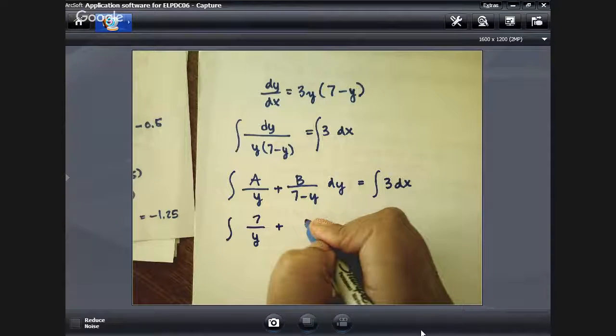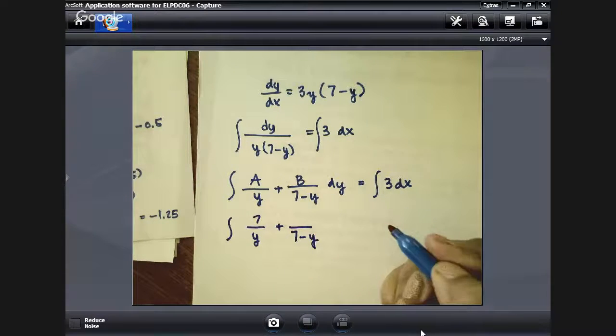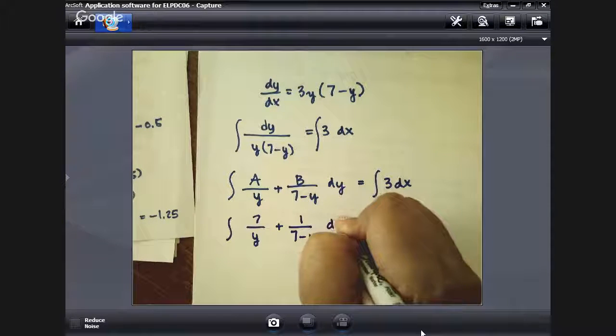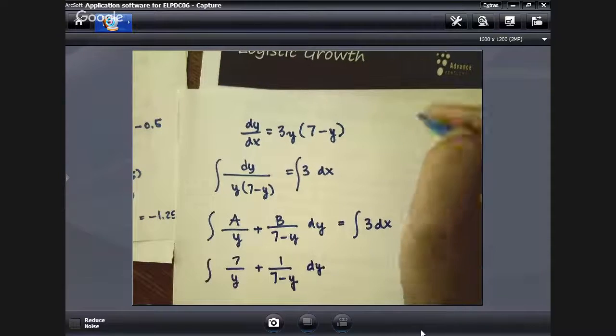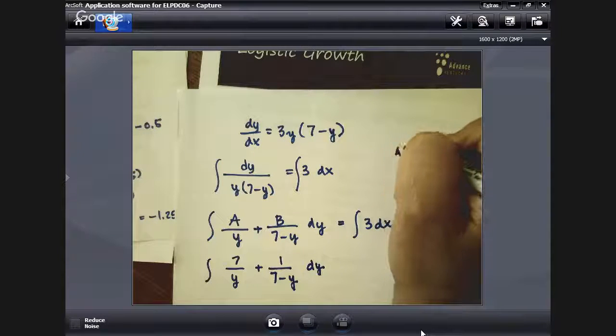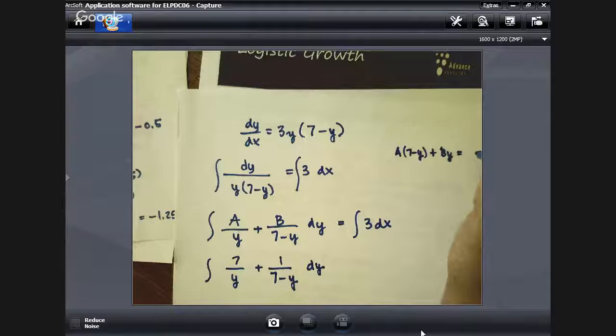Actually, I'm not going to do it quickly, because I feel like I'm doing it wrong. So let's see: A times (7 minus y) plus B times y is equal to 1.